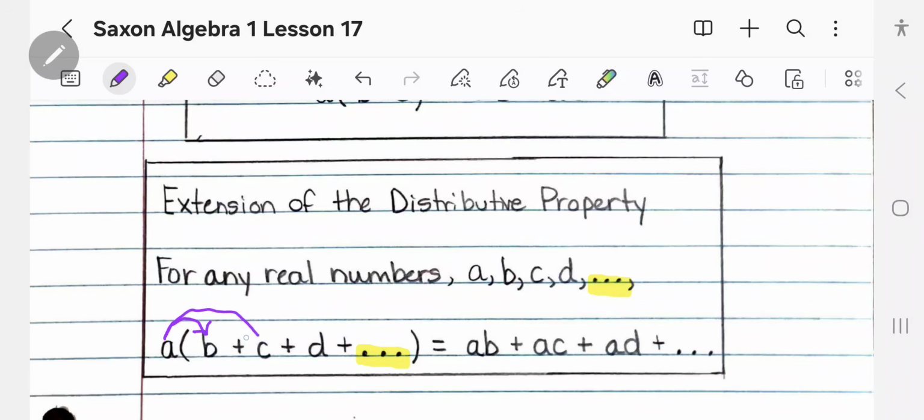That newspaper guy is throwing a paper to everybody on the route, as far as it goes. The most common error I see when students do the distributive property is they will distribute to the first term and then not to the rest of the terms. But you have to distribute the number on the outside to every term on the inside of the parentheses.